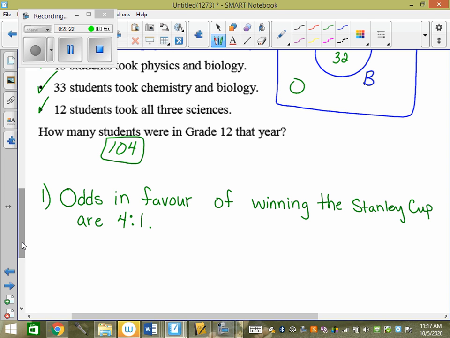So before you do any questions, the very first thing you're going to do is label your odds. There are 3 things you need to label, and then we can answer every question perfectly. If it says odds in favor, that means whatever I say after comes first. So odds in favor of winning the Stanley Cup: this is winning, this is not winning.